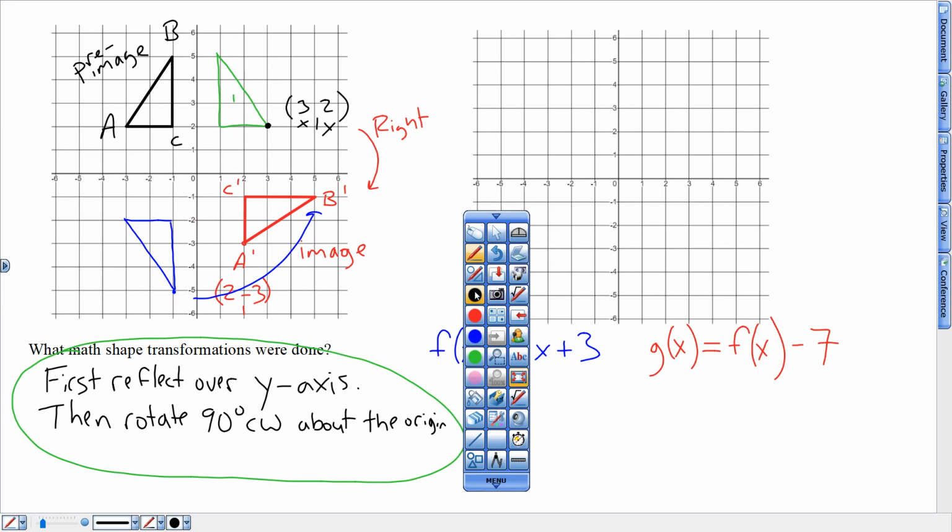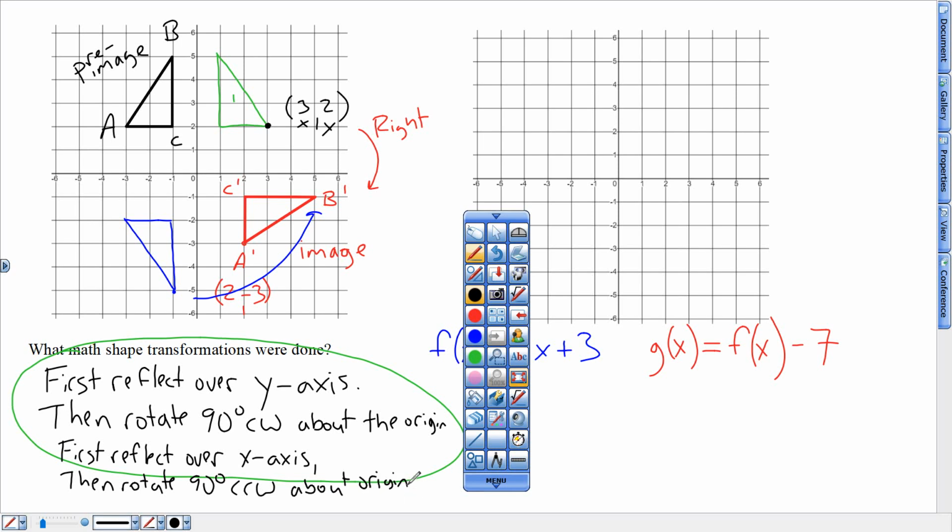You could have said first reflect over the x-axis, and then rotate 90 degrees to the left, counterclockwise about the origin. I would have accepted that answer too, knowing that there are two ways to go about this one.